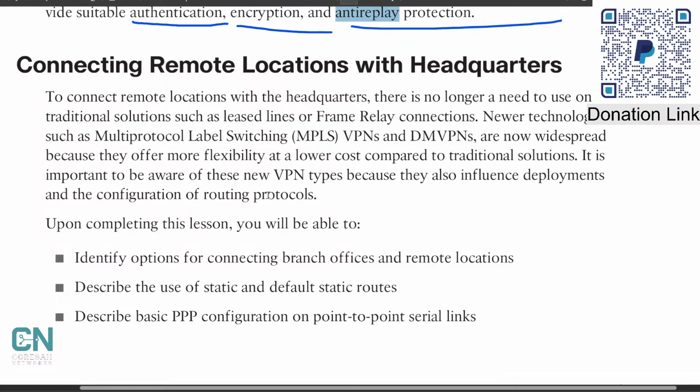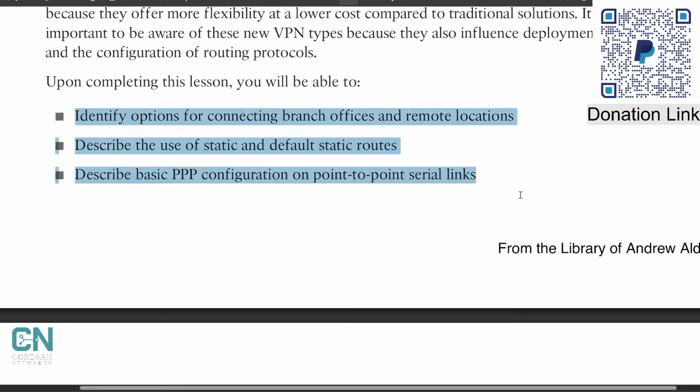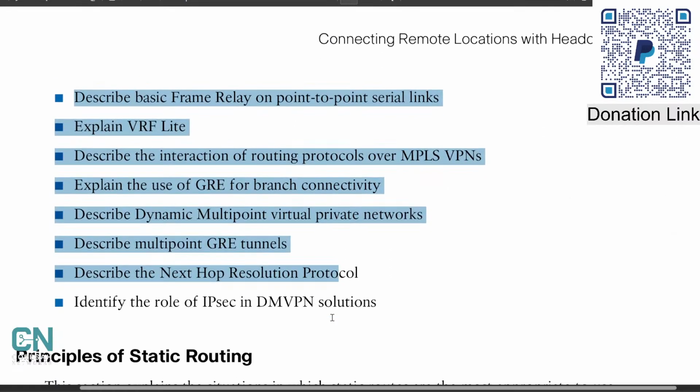It is important to be aware of these new VPN types because they also influence deployments and the configuration of routing protocols. Upon completing this lesson, you will be able to do these and this.